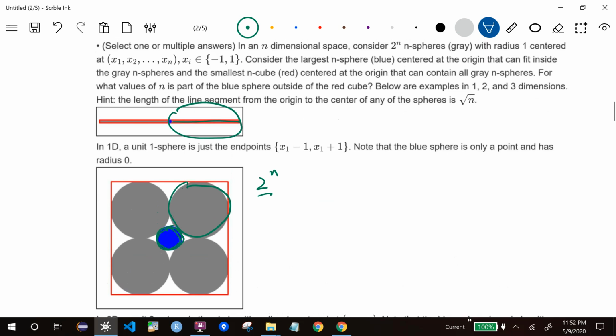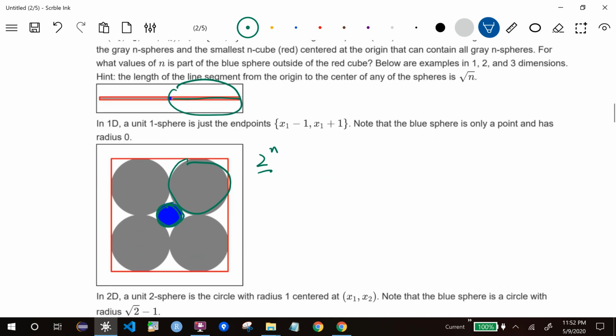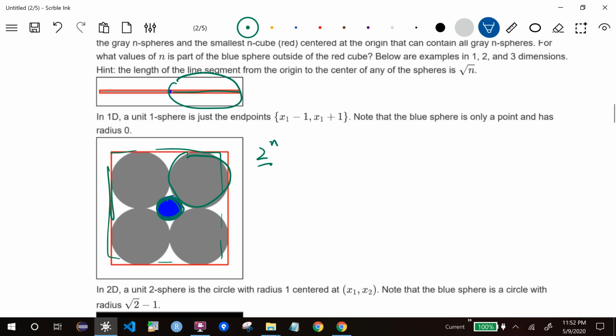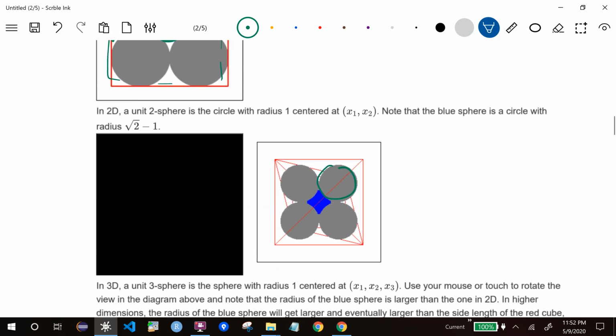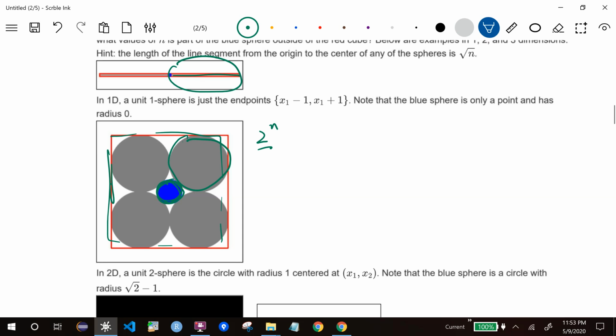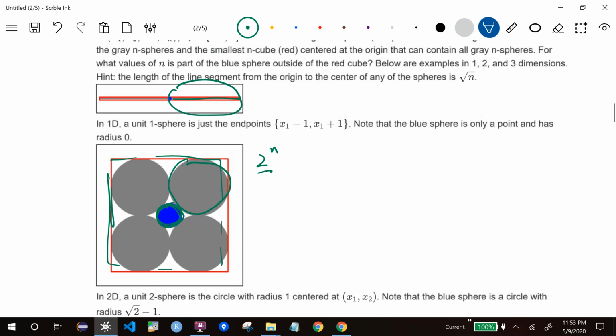So the specific question is asking, when will this blue sphere, part of it, be outside of this red box? You probably think it's impossible, but since I'm asking the question, well, it is possible in higher dimensions. So we will start with the 2-dimensional case, and then you'll see why.